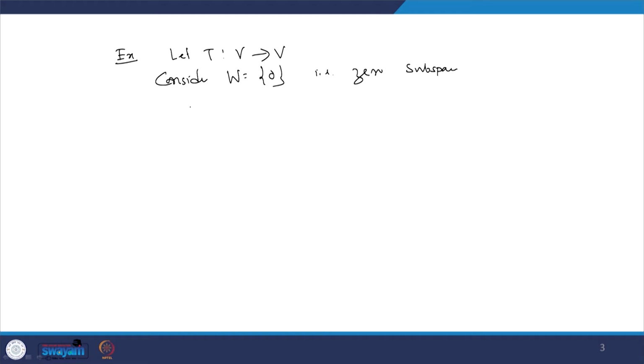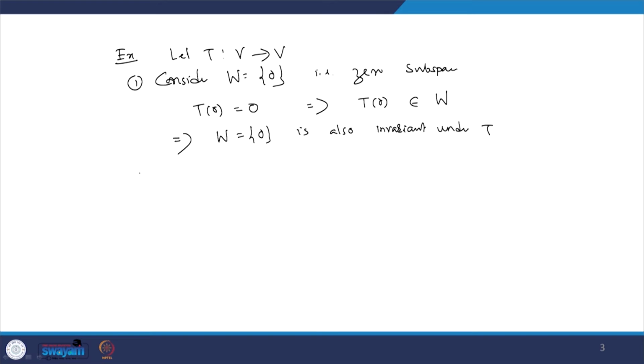Then we see T of 0 equal to 0, that is the property of the linear operator. So, this implies T of 0 also belongs to W. So, this implies W equal to 0 is also invariant under T.